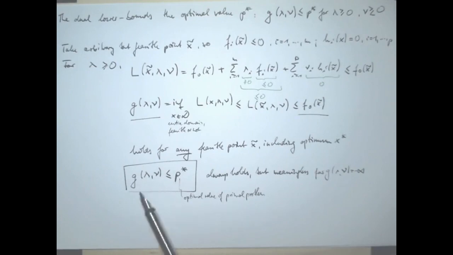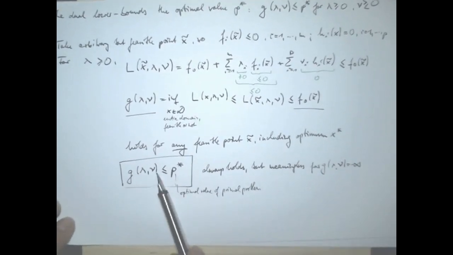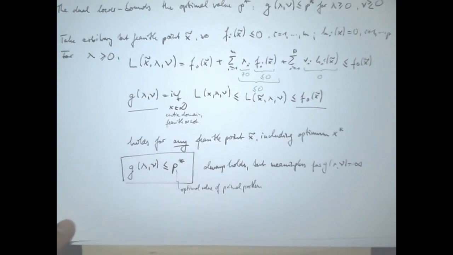And we have seen, moreover, that this dual is a concave function. And it is now natural to ask for the tightest possible value. So how good can our bound become?